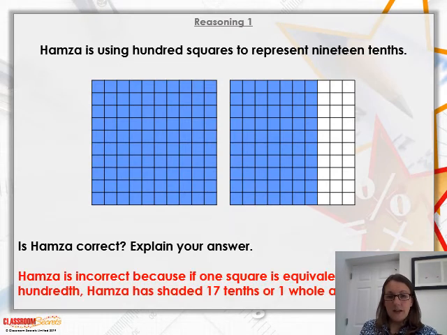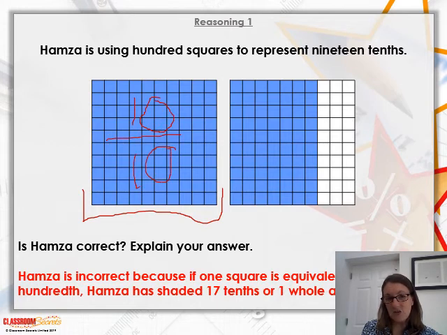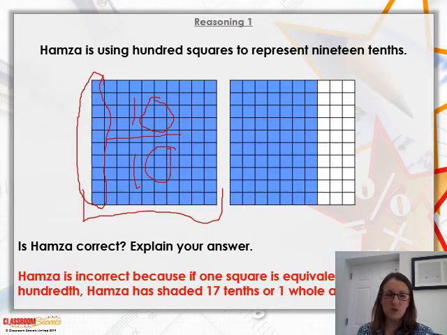Right. So let's have a look. She is incorrect because here we can see in that whole square there, well, that whole square is the same as 10/10. Okay, each of these would be a tenth. Okay, it's not great because it's very scrolly with the mouse, but there's 10/10. And let's count how many we've got here.